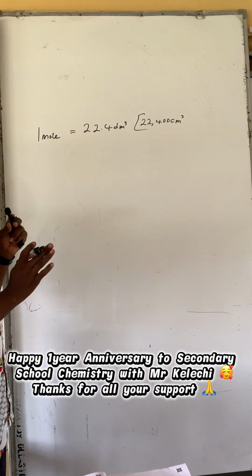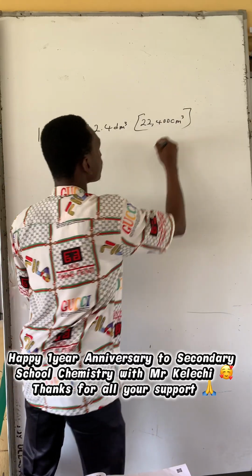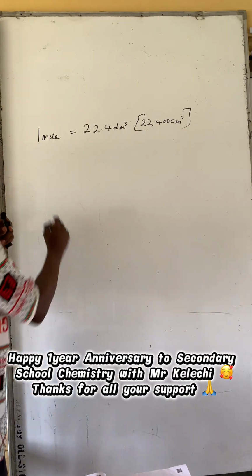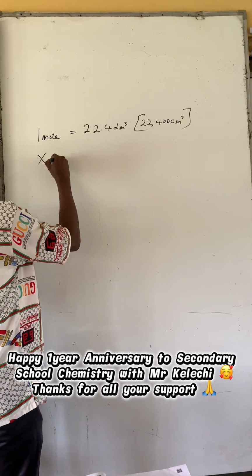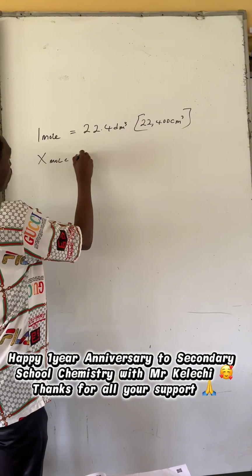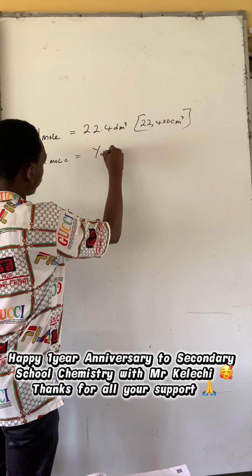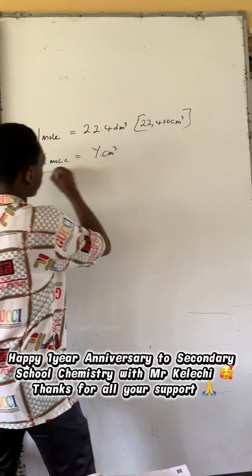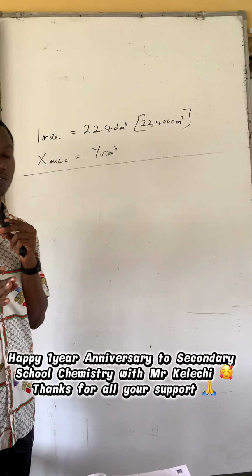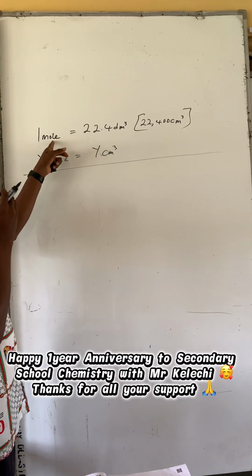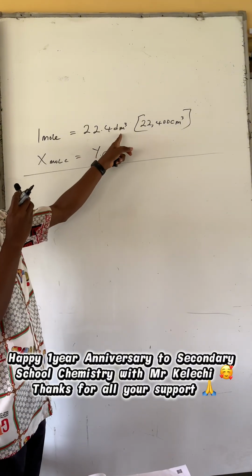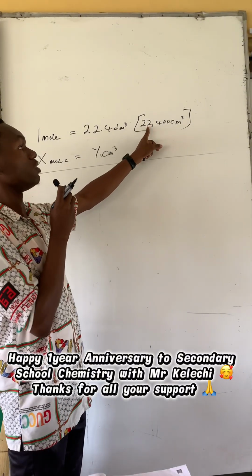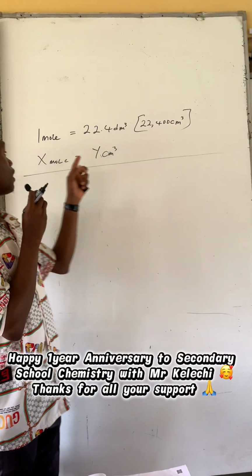So this is what it means. Now, in terms of this question, how many moles, let's say x mole, will be equal to that particular volume we are asked to find in cm cube? So we are going to use this idea to solve the question. At STP, 1 mole of any gas is equal to 22.4 dm cube, or 22,400 cm cube.